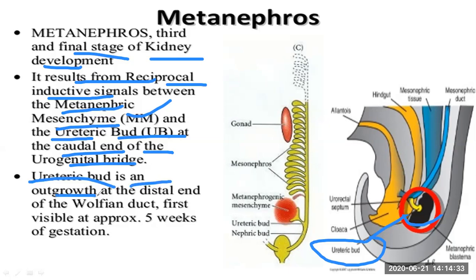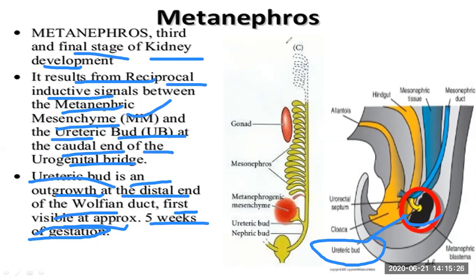The ureteric bud is an outgrowth at the distal end of the Wolffian duct, that is the mesonephric duct, first visible at approximately 5 weeks of gestation. After that it will disappear. So the ureteric bud is the outgrowth at the distal end of the Wolffian duct, and this ureteric bud also disappears after the 5th week of gestation. Similarly, the pronephros also forms, but after the 4th week of gestation it will degenerate.